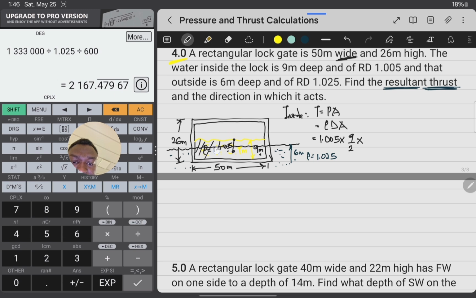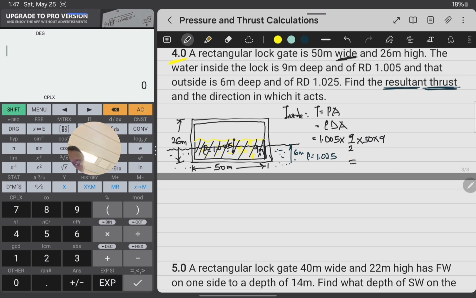The length of this water is 50, and the draft is 9, so it's 50 times 9. So we have 1.005 times 9 times 50 times 9 divided by 2, which gives 2035.125. We're going to do the same for the outside now.